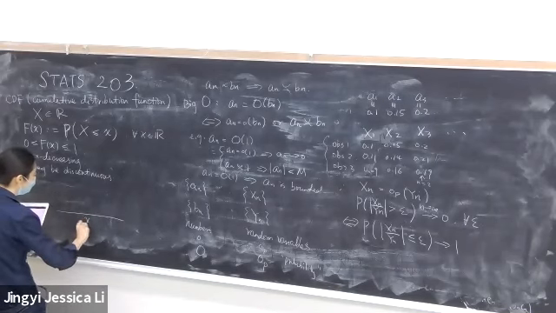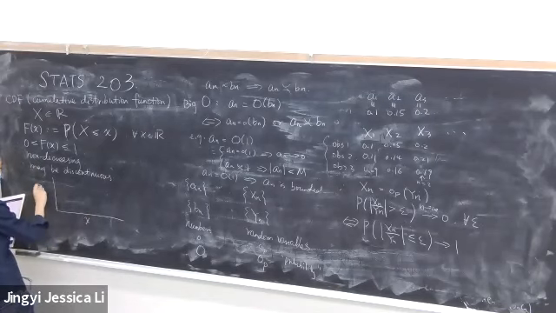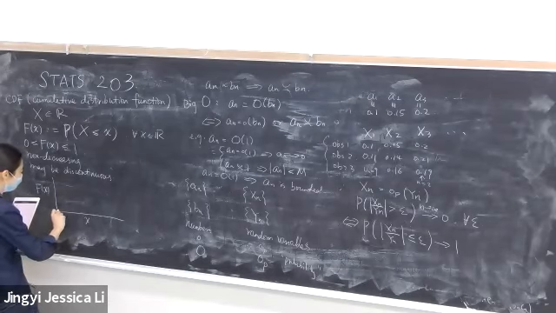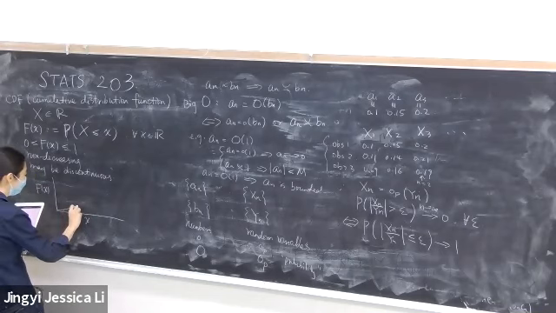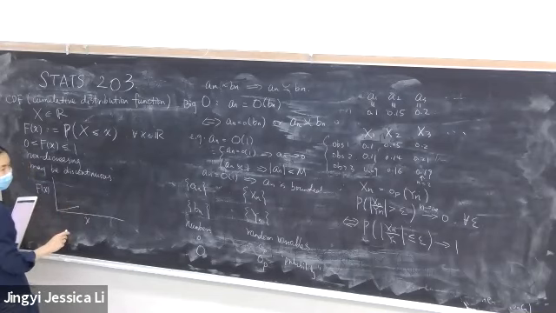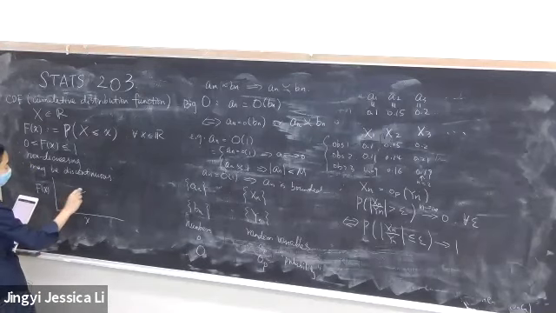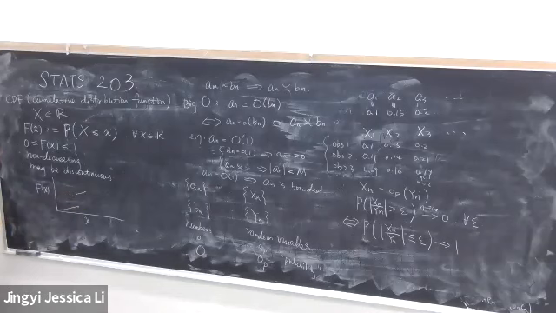So let me just give you one example. Let's say that my F_X increases right here, but here it doesn't take this value, and there's a sudden jump to here, and then it goes on. So what does it mean in this gap?